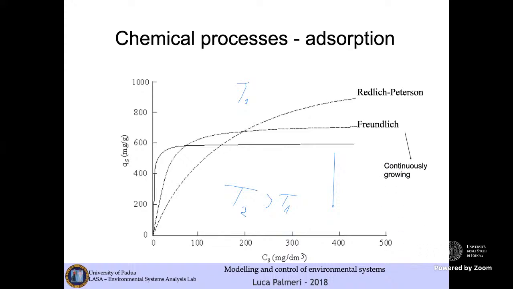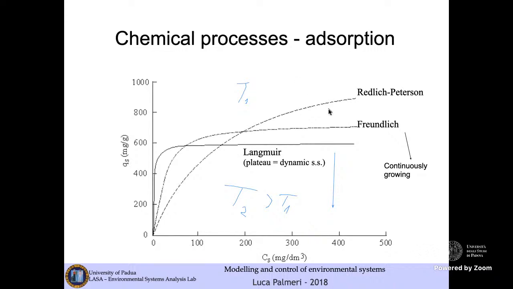So the three isotherm models, recall these are isothermal models, in which we fix the temperature at some value. The three very general adsorption isotherms are the Redlich-Peterson, the general one, and the Freundlich, in which you have a continuously but slowly growing quantity of adsorbate onto the adsorbent surface.